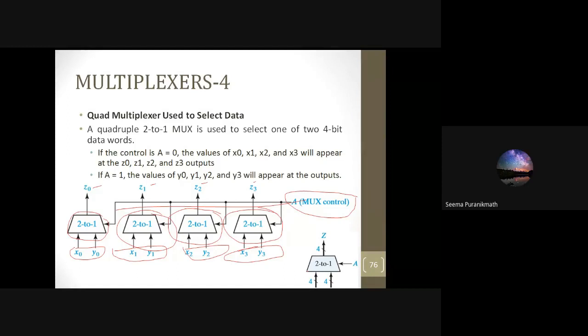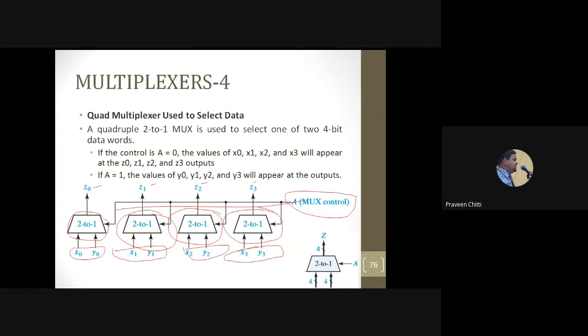The first input: X0, X1, X2, X3. So what output will you get at the four muxes? All four are triggered simultaneously with the same select line. What will Z0, Z1, Z2, Z3 be?